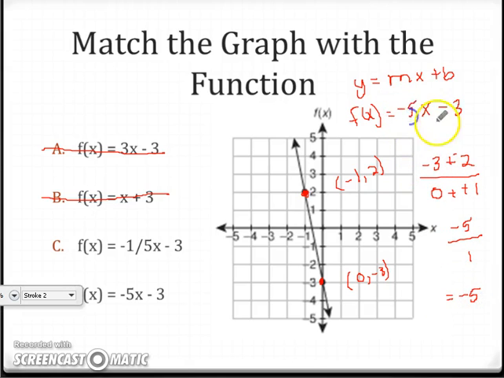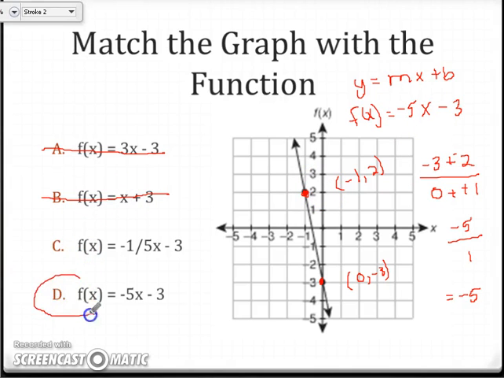So -5x minus 3 puts us at D for our correct function equation. Again, you could find the slope by counting on the graph the distance between these. From here down to here, 1, 2, 3, 4, 5. So it has a rise of -5 from here to here, and a run of +1. So you still get that -5 for your slope.